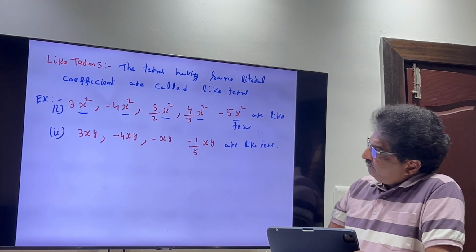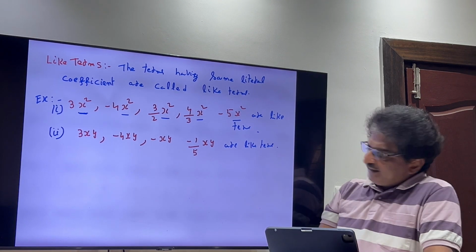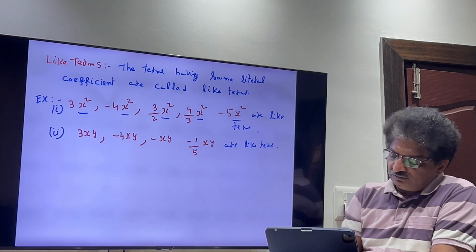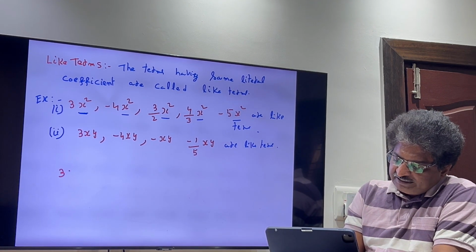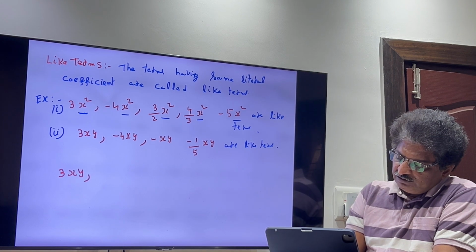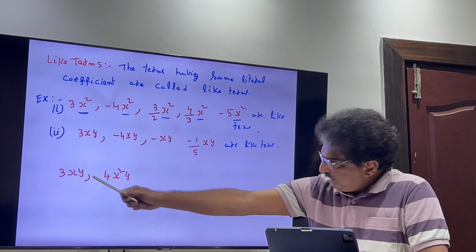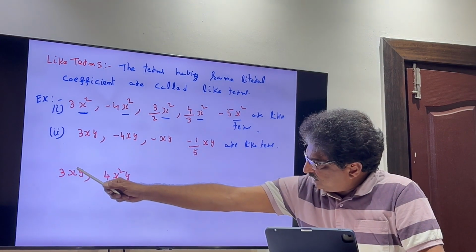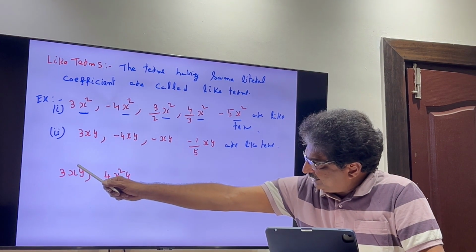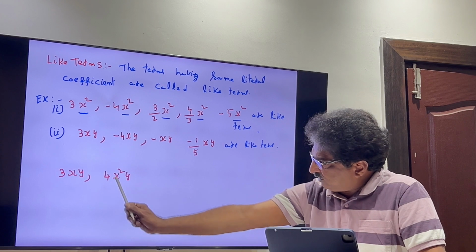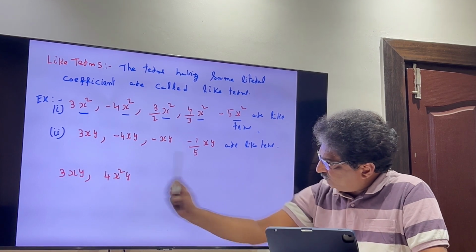Suppose different variables are there, those are said to be unlike terms. Example, 3xy, 4x square y. If you observe these two terms, here x has degree 1 and y also has degree 1, but in the other x has degree 2 and y has degree 1 only.